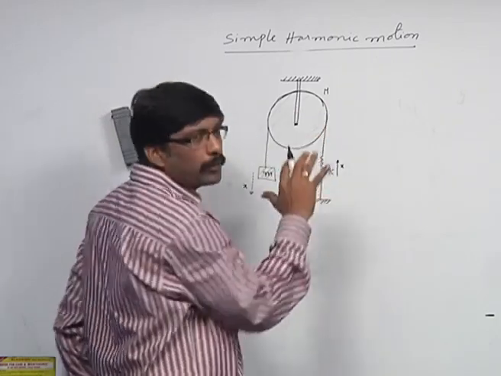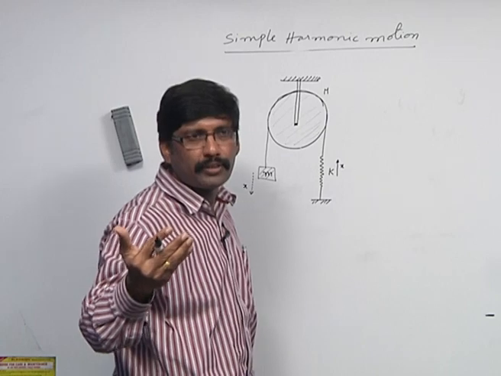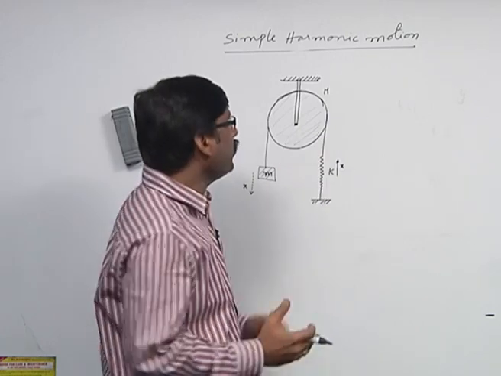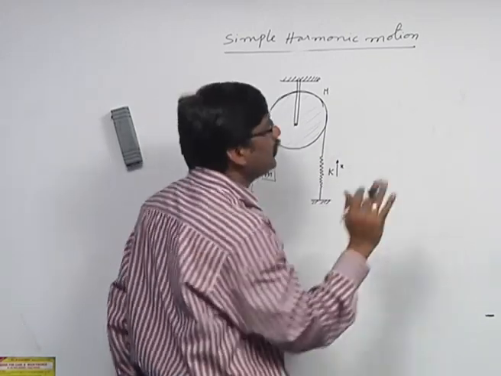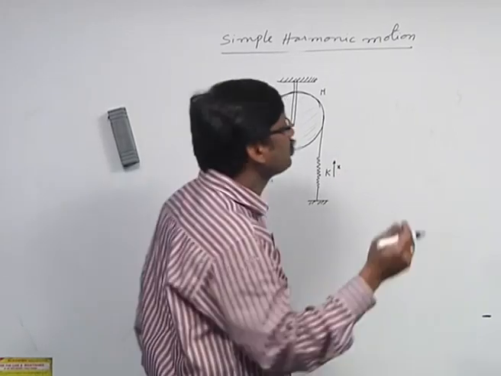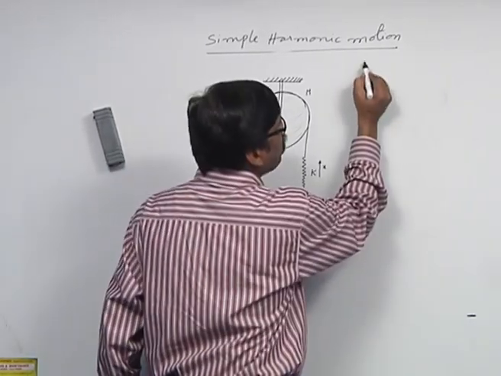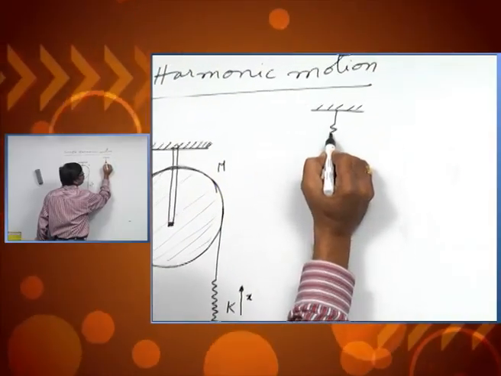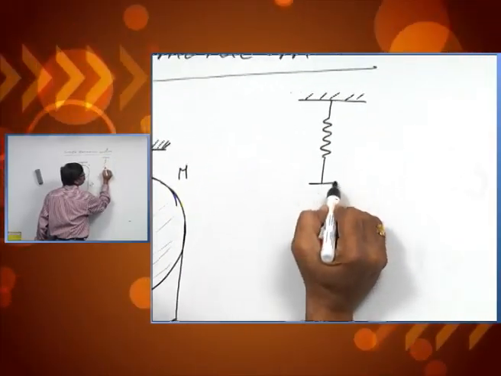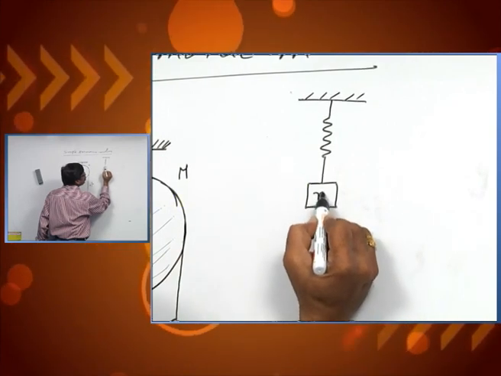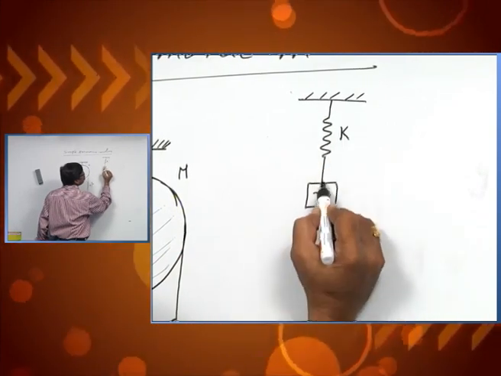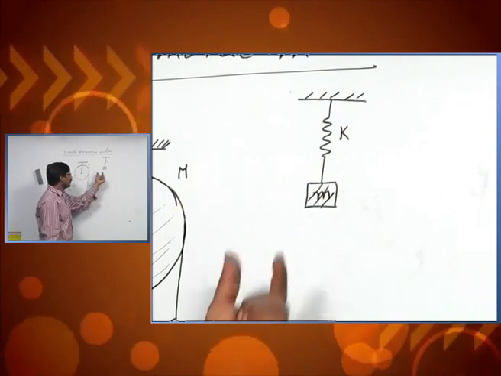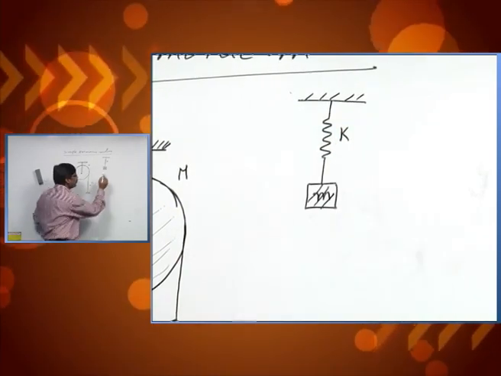To solve this type of problems, instead of going by force method, let us go by energy method. What is this energy method? Let us take the example of a spring mass system.